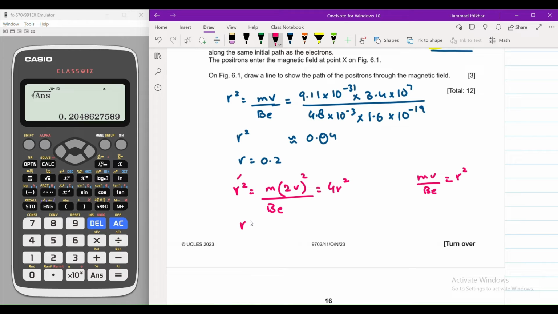And that would mean that the new radius of curvature would be 2 times that. And if the radius is doubled, this means that the new diameter will be twice the old one.